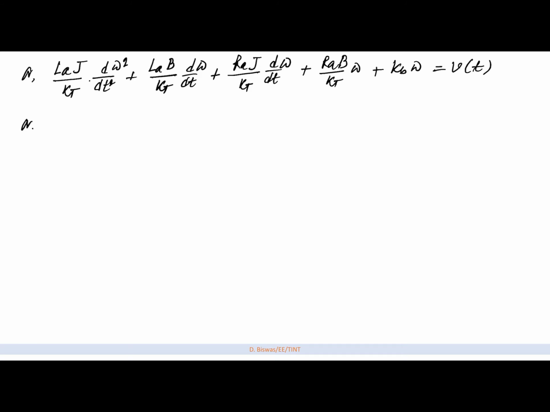Now we will equate the coefficients of differentiation. The coefficient of second derivative of omega is La times j by kt.